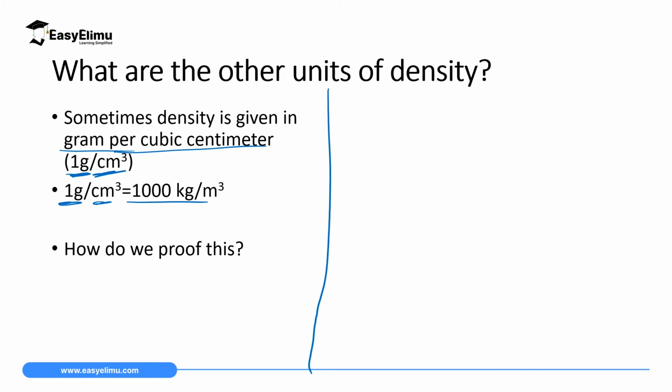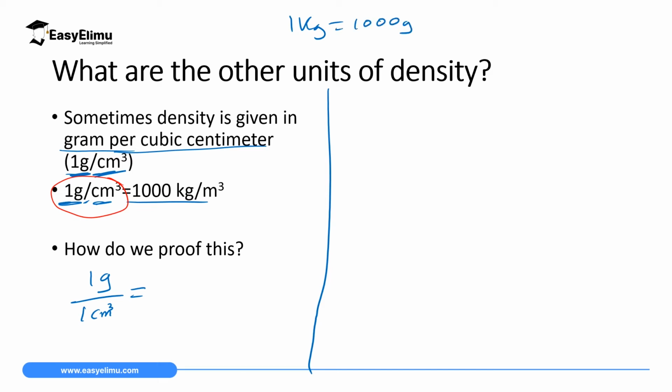We can prove that if we write 1 gram per cubic centimeter in another way, where per means division, as 1 gram per 1 cubic centimeter. If we convert grams to kgs, remember we said 1 kg is equal to 1000 grams.